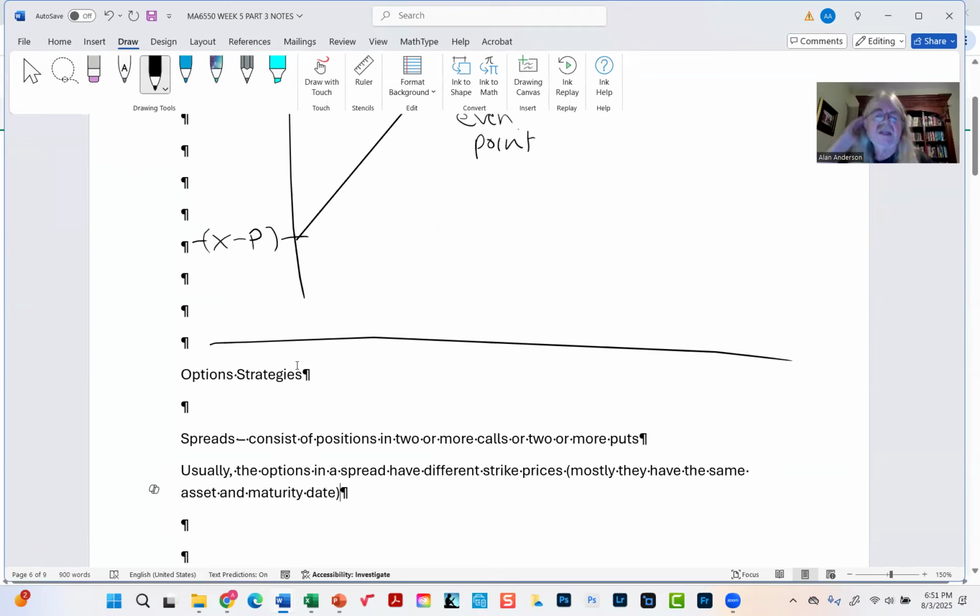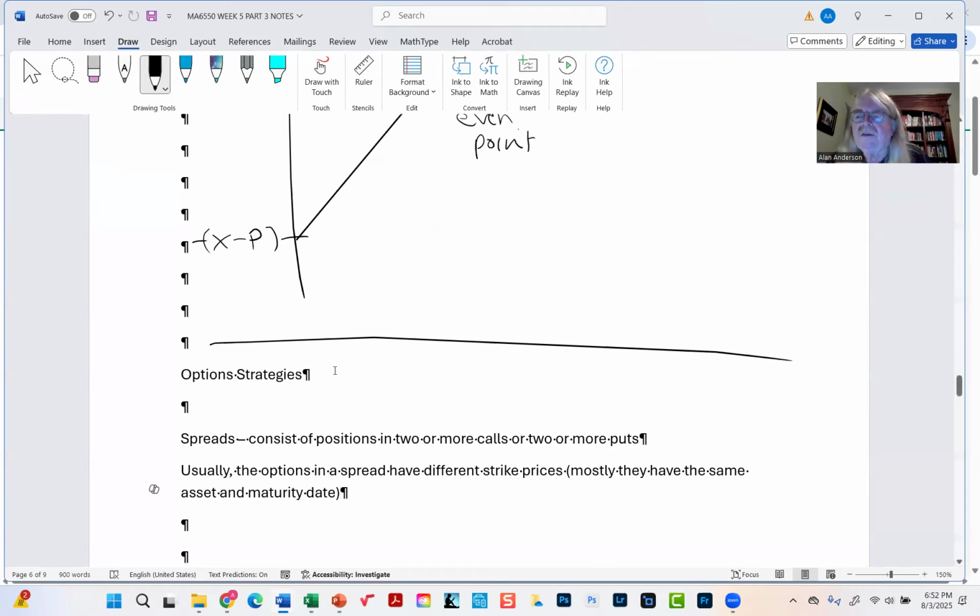Then it has a completely different name and it works differently. But when we have a spread like this, we're basically combining calls or puts. We never mix them together here. And if there's multiple calls or puts, they have to be different in some way. And that way is that they usually have different strike prices.